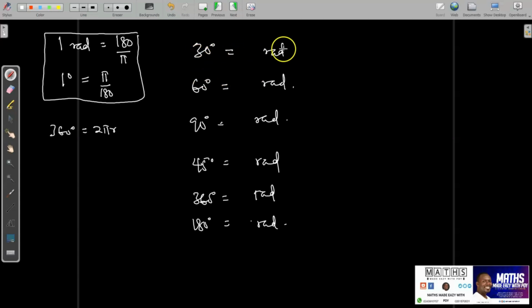We want the answer in radians. 1 degree is equivalent to pi over 180. How about 30 degrees? It's going to be 30 times pi over 180. And the final answer is, 30 can go into itself 1 and go into 180 six times. So the final answer is pi over 6. So 30 degrees is the same as pi over 6.